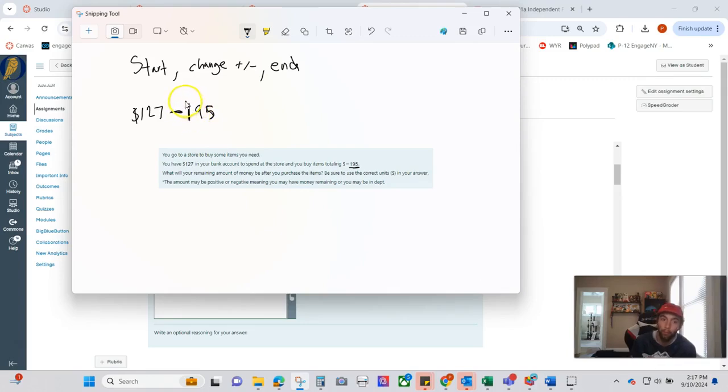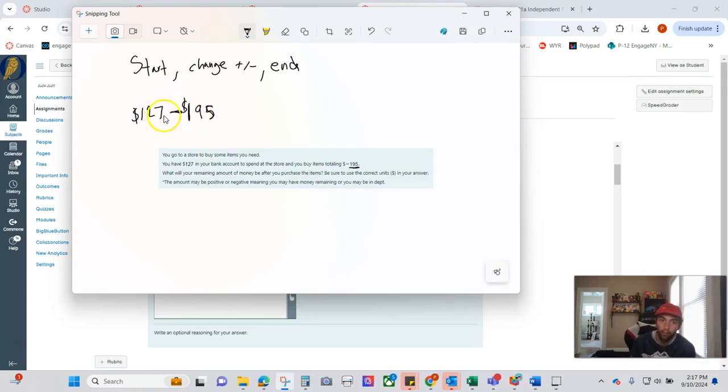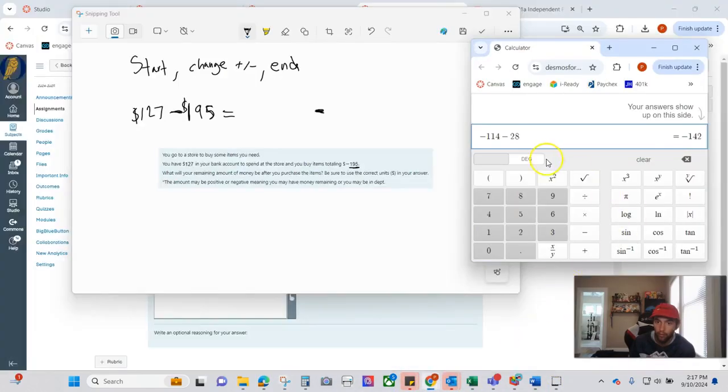So we spent more money than we had. So my answer should be negative. Let's see what our calculator says our final answer is. So 127 minus 195.